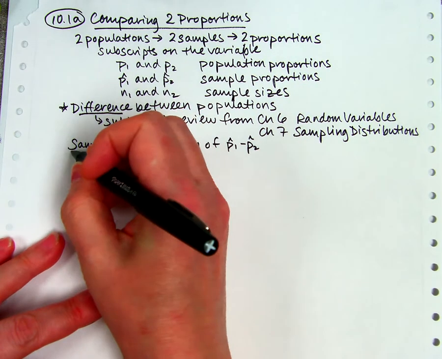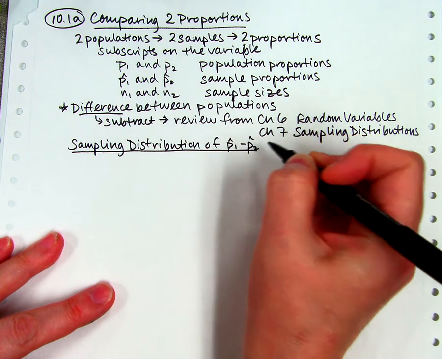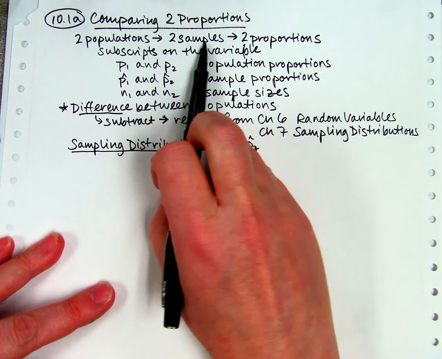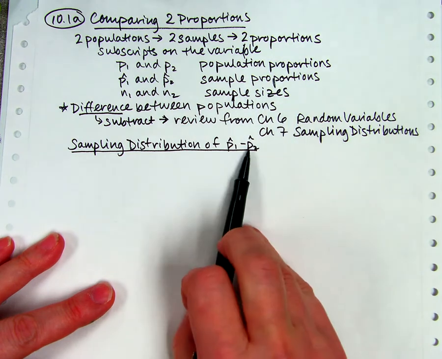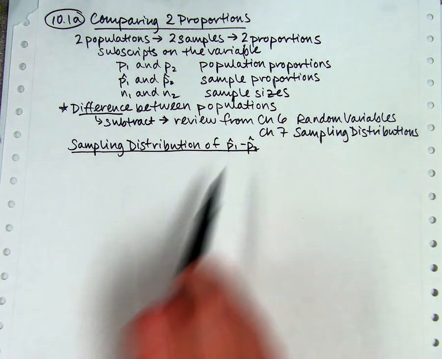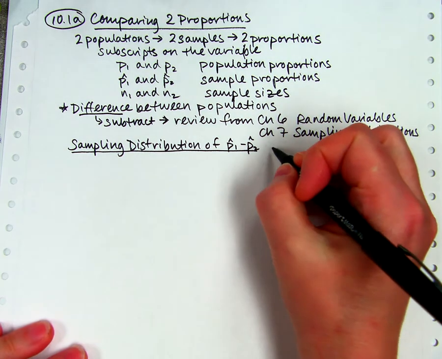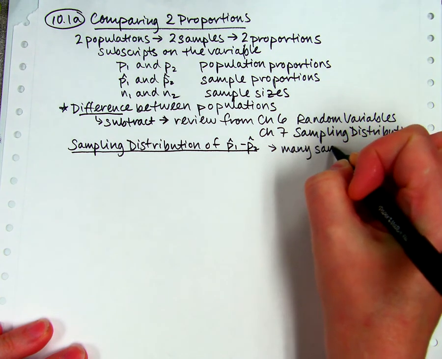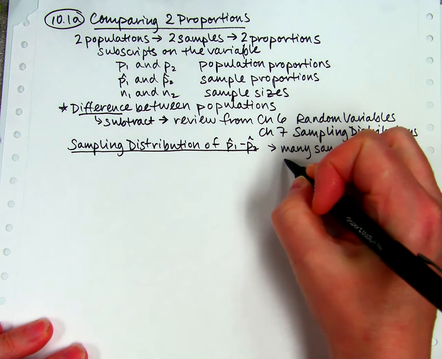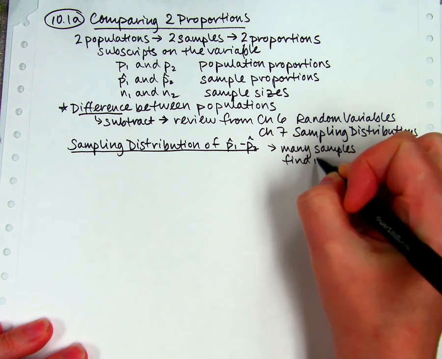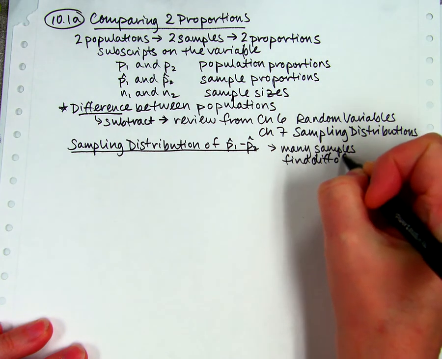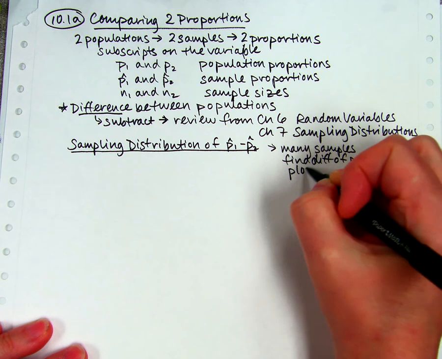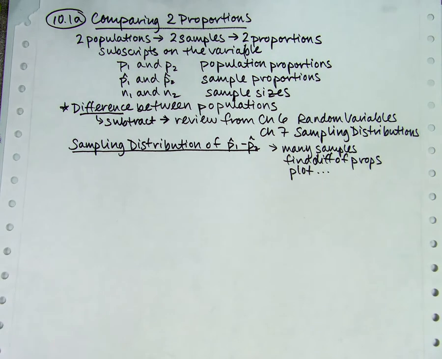I just want to remind you from chapter 7 that sampling distributions means you take these two populations, you take your two samples, you find your two proportions, you subtract them and plot it, and you do that over and over again. So we're talking about many samples from our two populations, find the differences of the two proportions, plot them, and see what the distribution looks like.